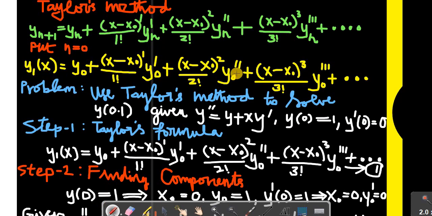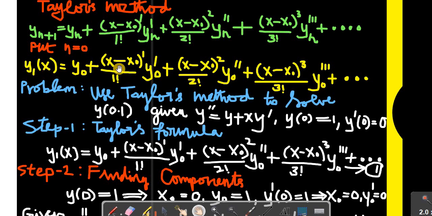It is better to recall this yellow color formula here: y of x equals y0 plus x minus x0 to the power 1 divided by 1 factorial into the first derivative of y at x equals x0, plus x minus x0 squared divided by 2 factorial into the second derivative at x0, plus x minus x0 to the power 3 divided by 3 factorial into the third derivative at x0.